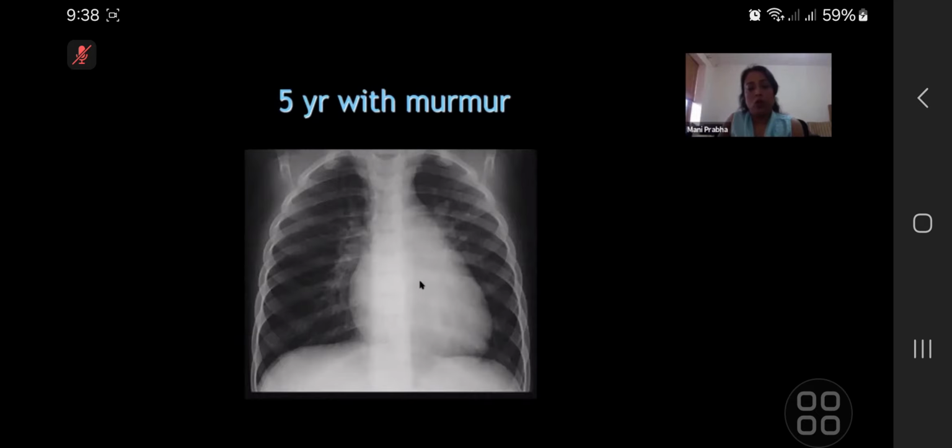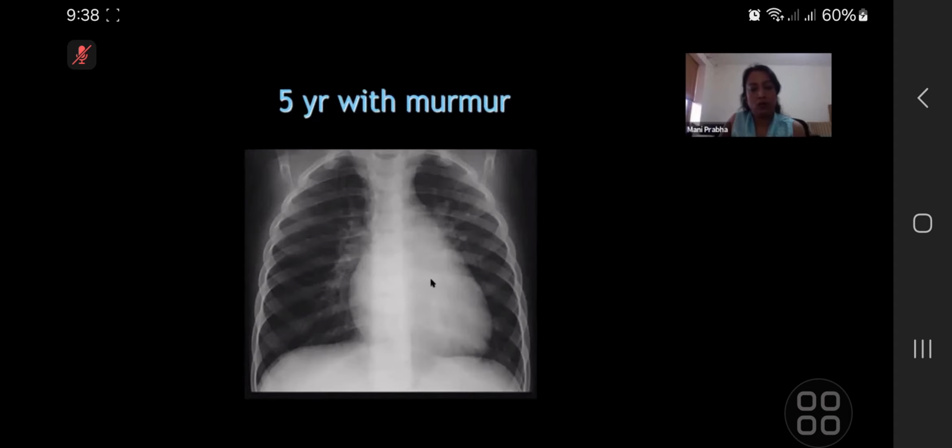In ASD, there is slight rotation of the heart on its axis, and that's why we see straightening of the left cardiac border. It can easily be confused with mitral stenosis or mitral regurgitation, but if you look retrocardiac, there is no enlargement of the LA.